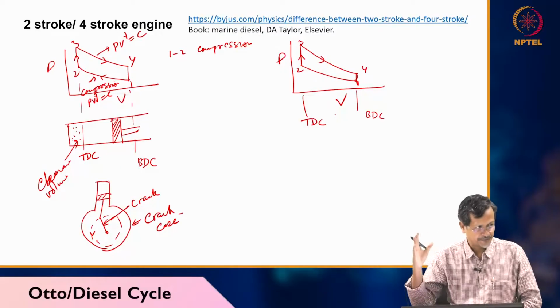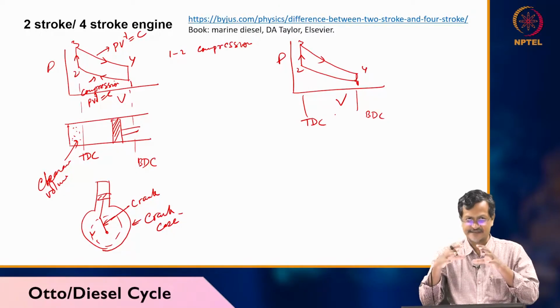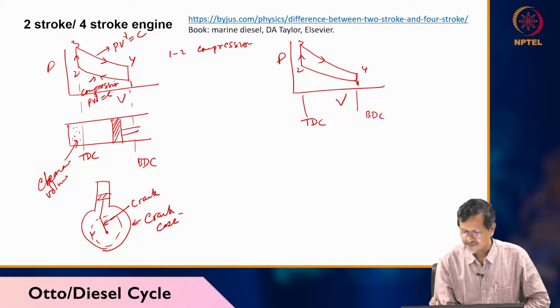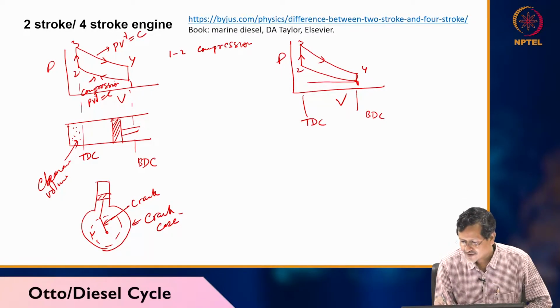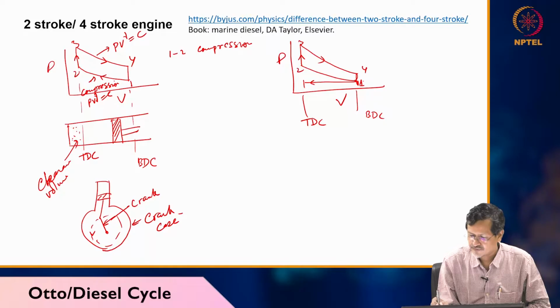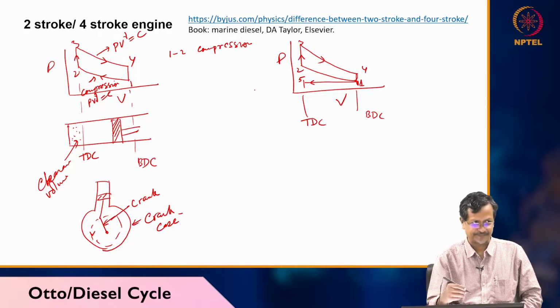When you are pushing the piston towards TDC, you are not taking any air or fuel mixture inside the cylinder. So whatever burnt gas is there, you are just removing from the cylinder. Okay, so that means the piston will be moving again towards TDC. Okay, so this is 1, this is 4, 5, 4 to 5 it will come again.